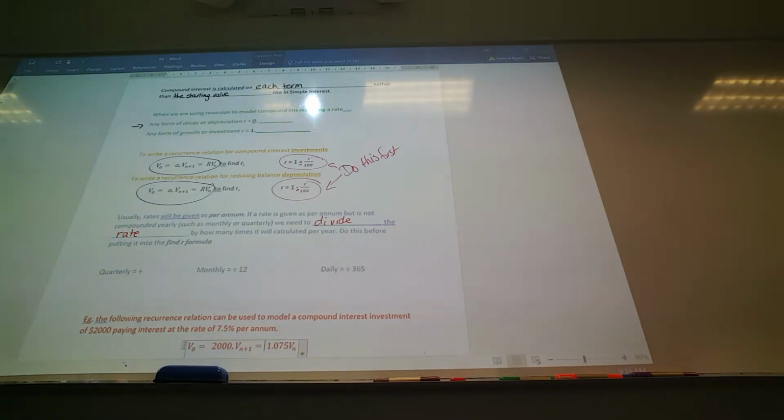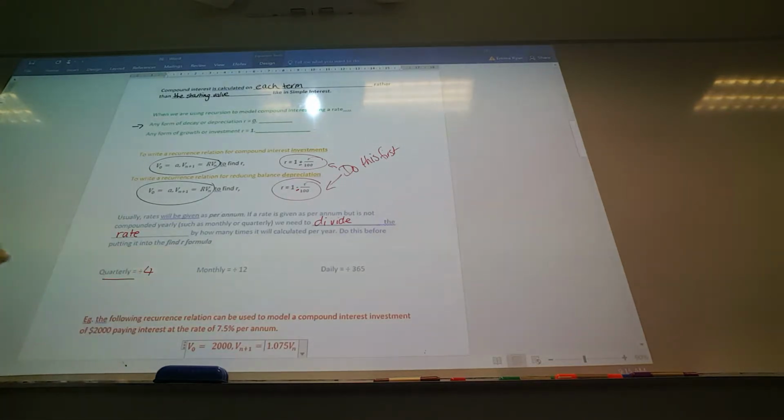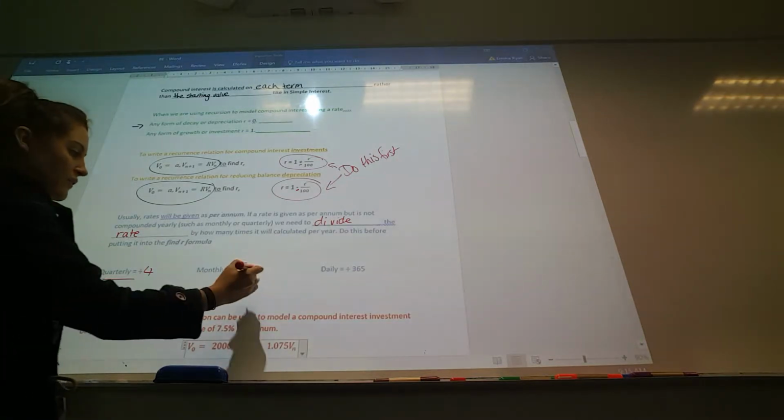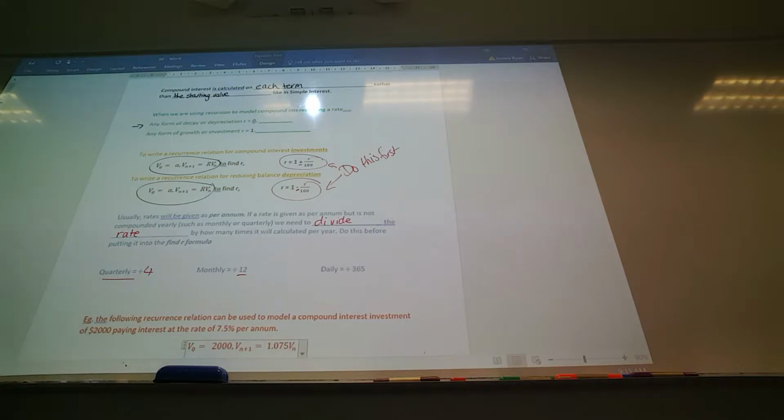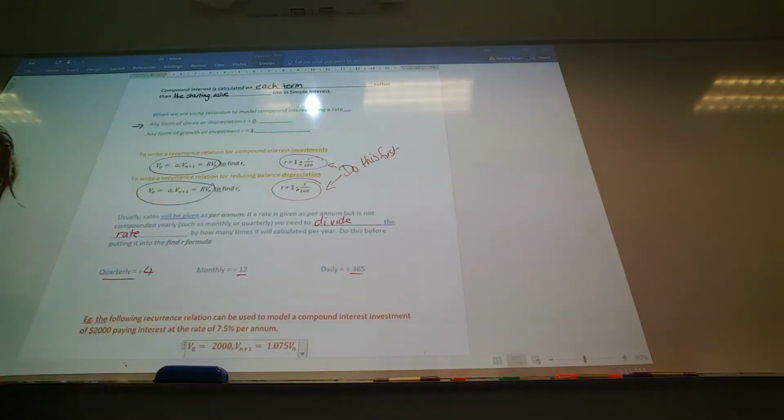What is it getting calculated at monthly if it's 4.8 per year? So if your question is talking about quarterly, we're going to divide by 4. If it's monthly, we're dividing by 12 because there are 12 months in a year. And if it's daily, it's going to be 365, because we have 365 days per year.